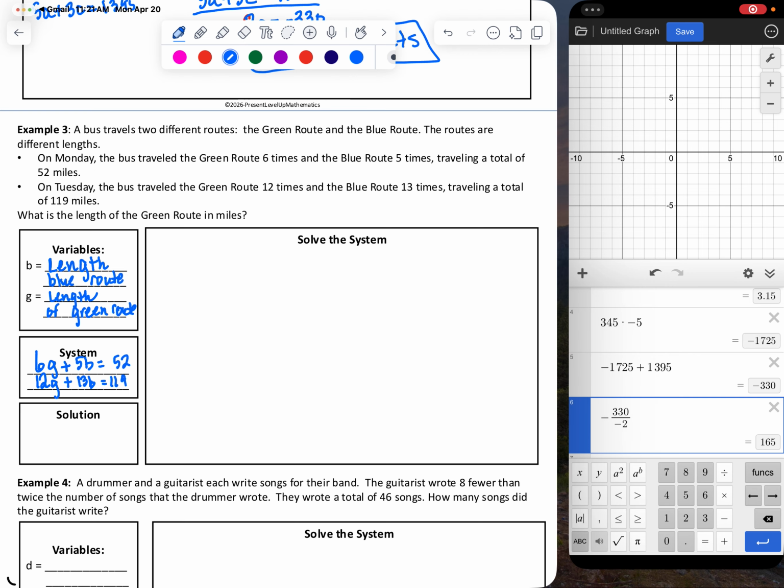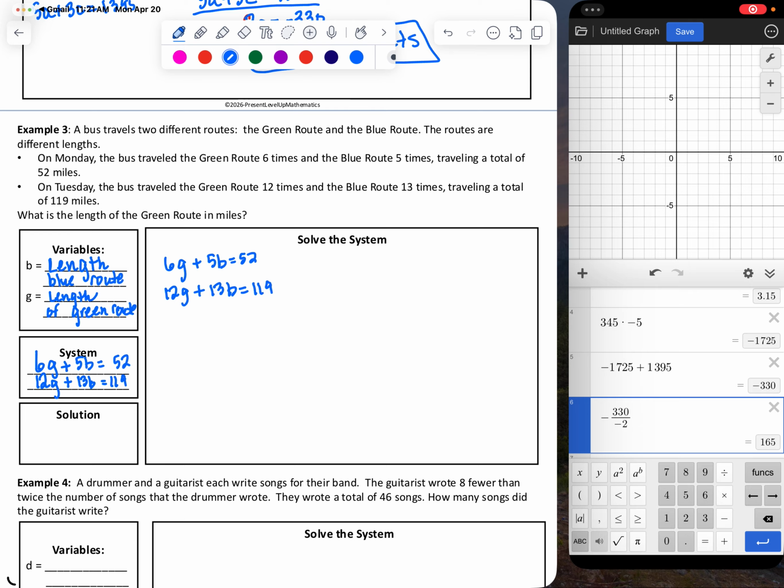So we're going to eliminate the G's and solve. All right, so let me write my system down again. But remember, keep it all the way to the left so that you have room to show your work. So 12G plus 13B equals 119.